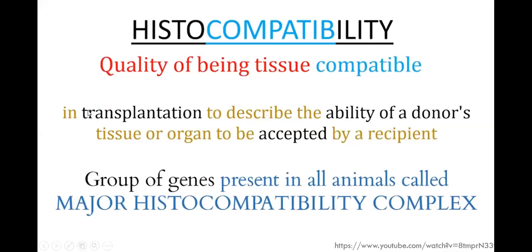MHCs are called Major Histocompatibility Complex molecules. Why the term histocompatibility? It refers to histo, the tissue, and compatibility, whether the tissue chosen for transplantation is compatible between host and donor.